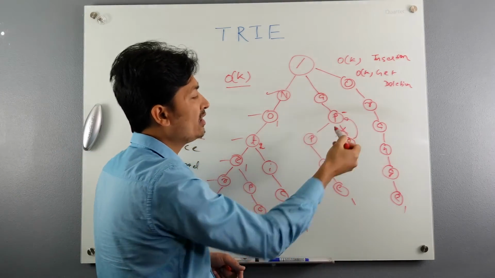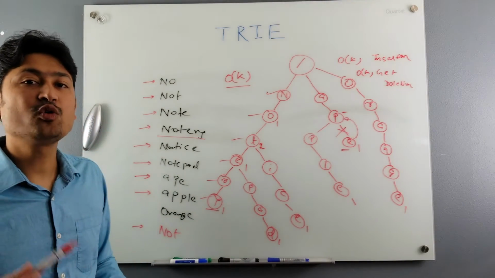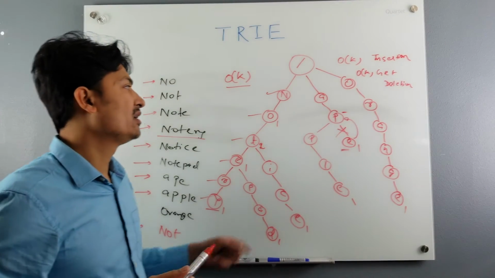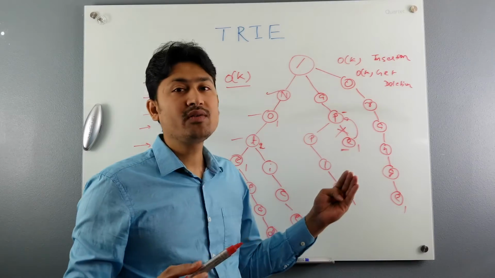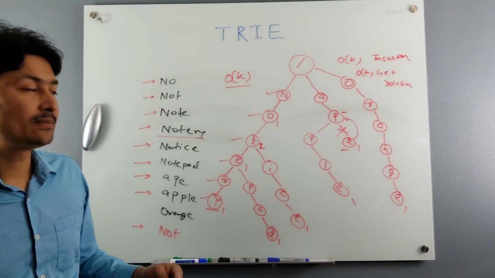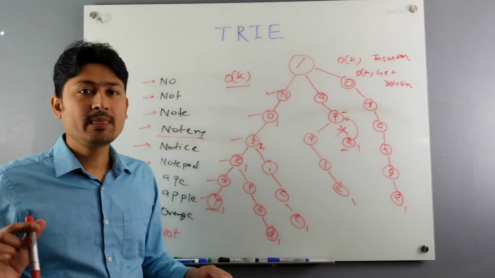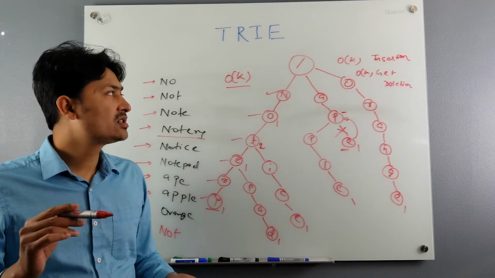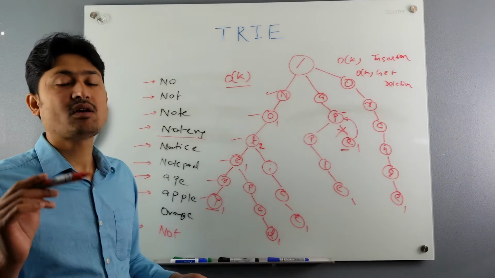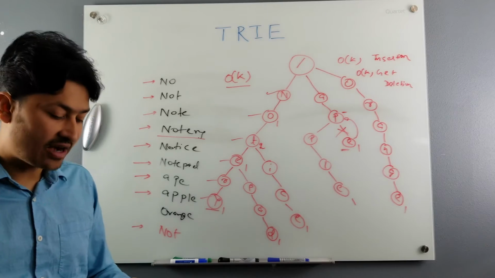So this is how you can free up space if you want to remove any word from the trie. That is also of time complexity O(K). So we saw the time complexity for insertion, get and deletion is almost similar in the case of hash map and trie.